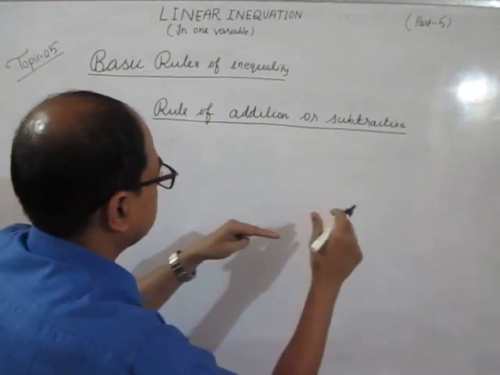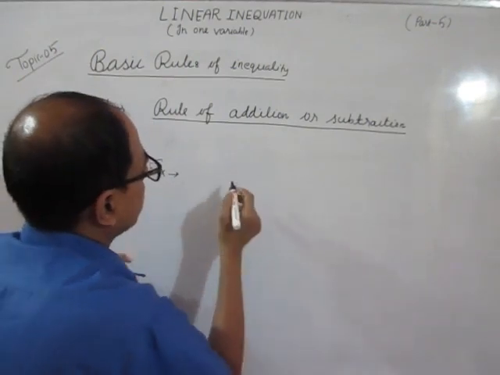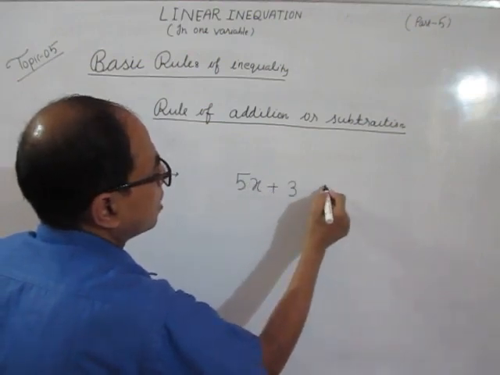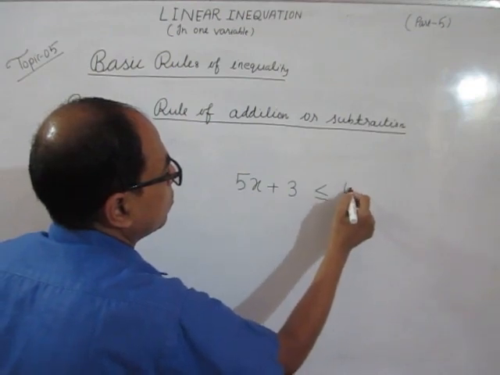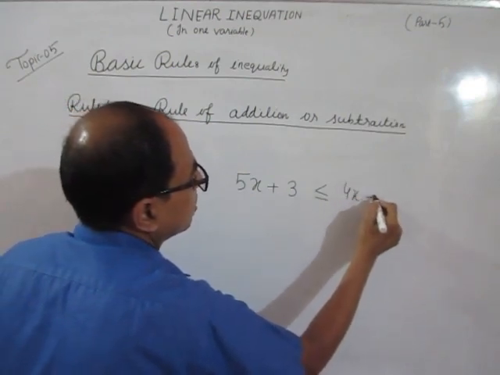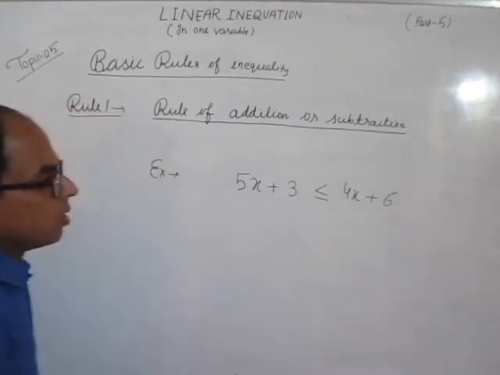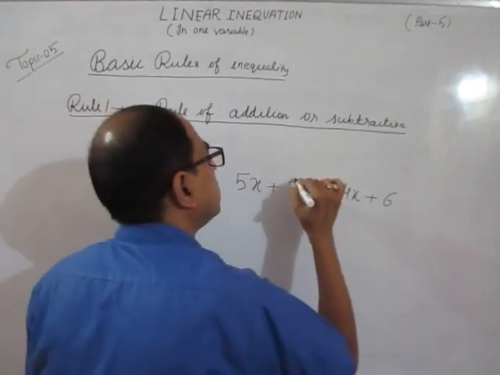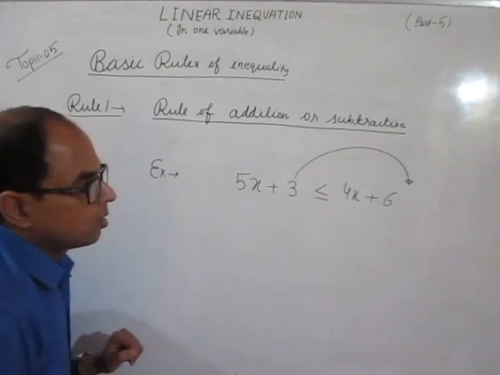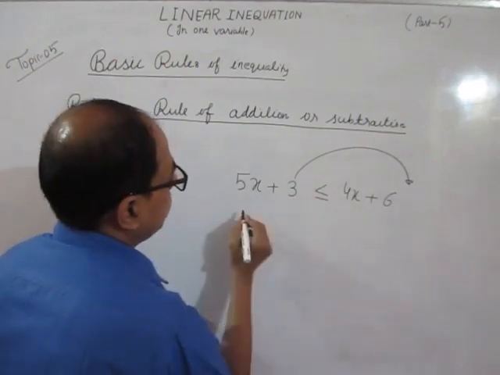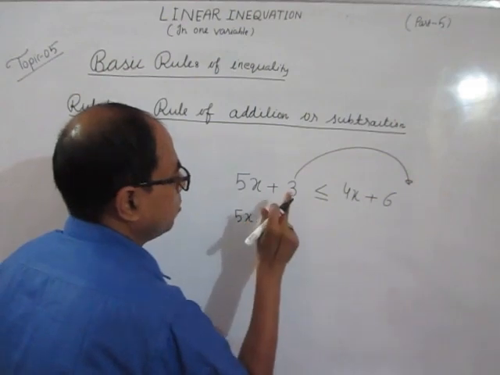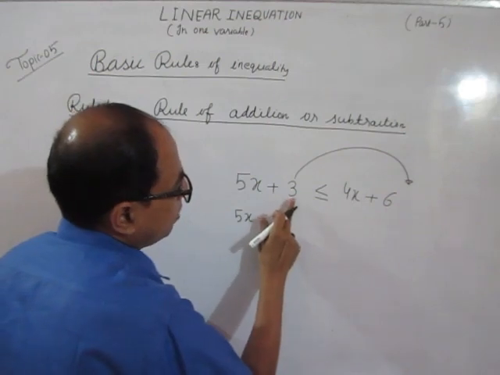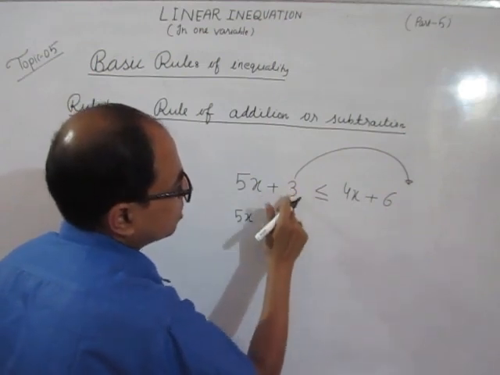Suppose at some step we are getting this linear inequation 5x plus 3 less than or equal to 4x plus 6. Now suppose we want to transfer this 3 to the other side. To remove 3 from this side and transfer it to the other side, we will subtract 3 here. Then minus 3 and plus 3 will cancel.